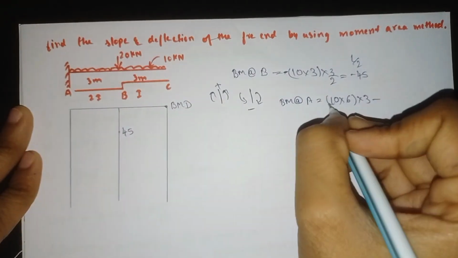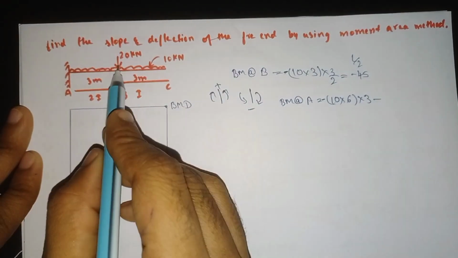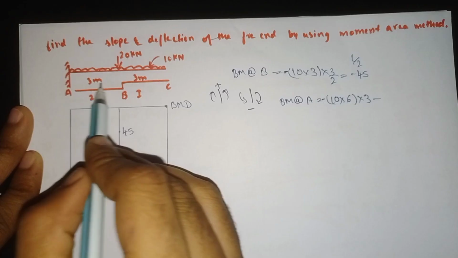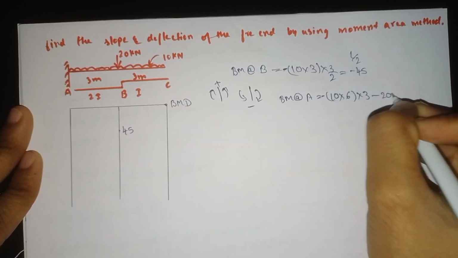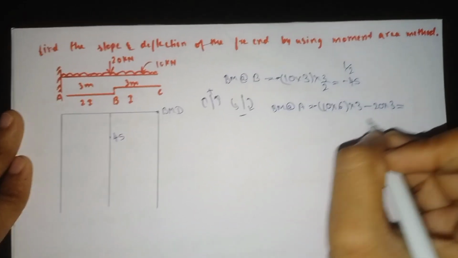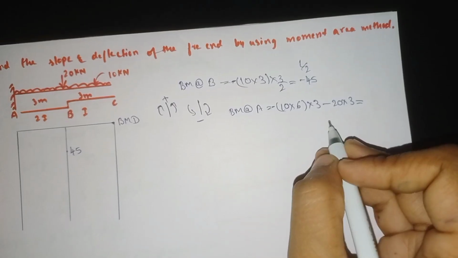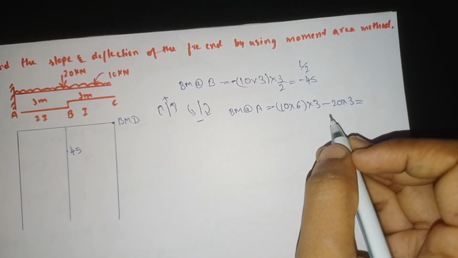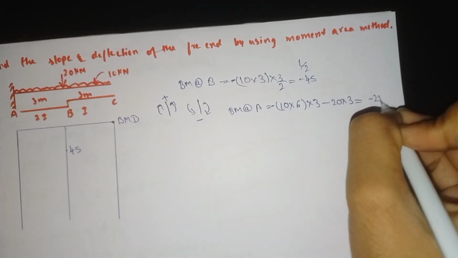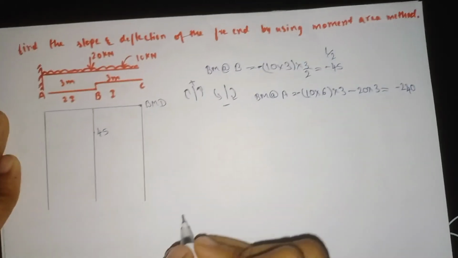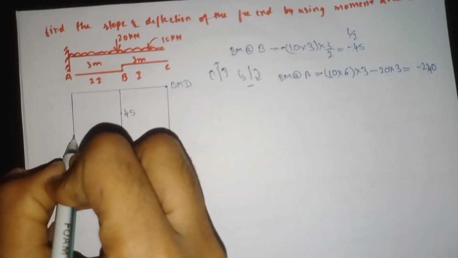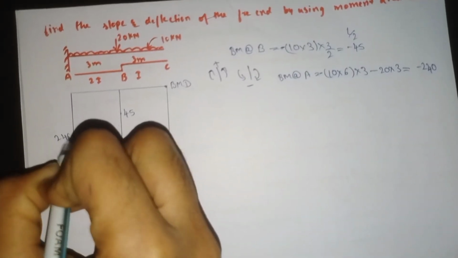It is moving downward, so negative, and the point load is also moving downward at a distance of 3 meter, so minus 20 into 3. Solving this, it comes out as minus 240, also negative, so it comes here as 240.